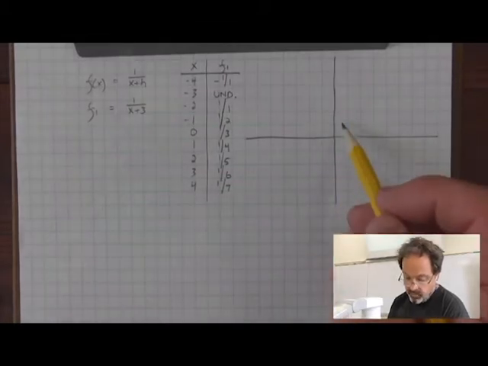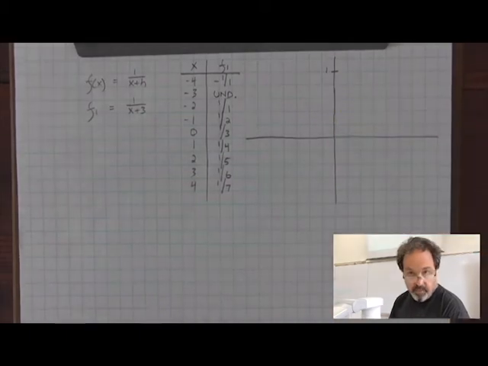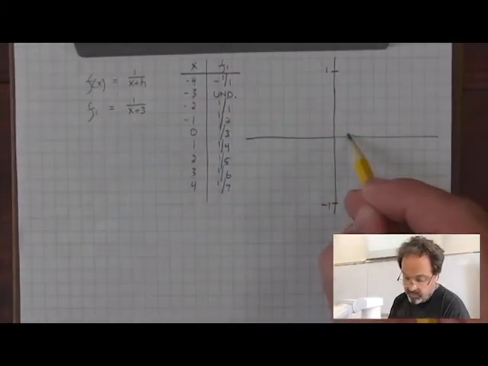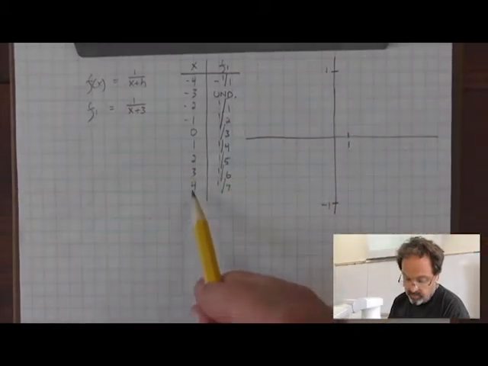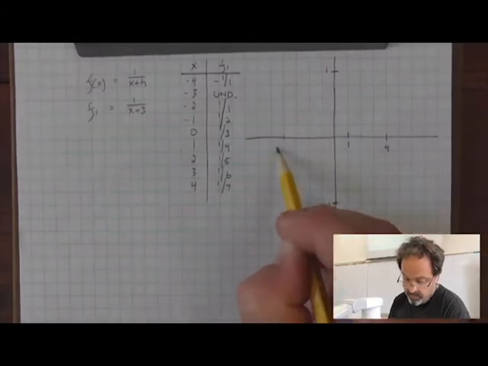So I'm going to choose 5 boxes to be the interval of 1. That way I can divide up that space very well. And I'm going to choose my horizontal axis to increase by 1 each time. I'm going to identify where 4 is and -4.